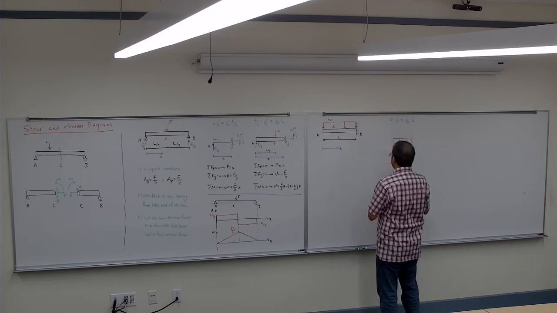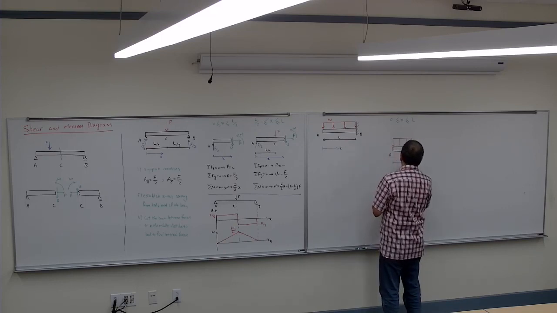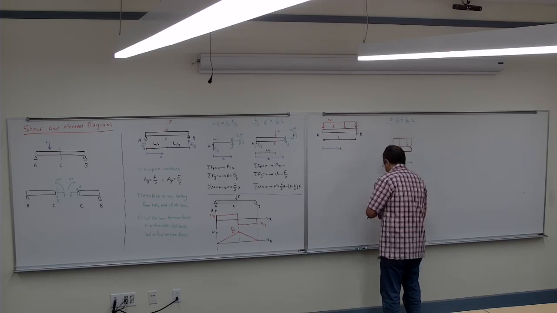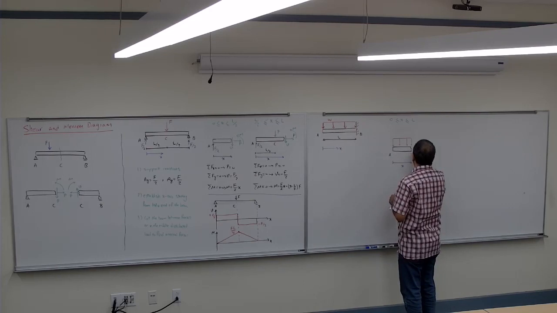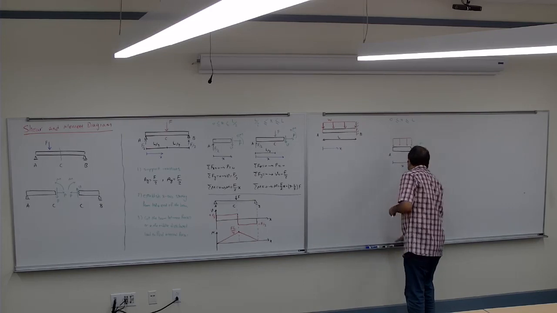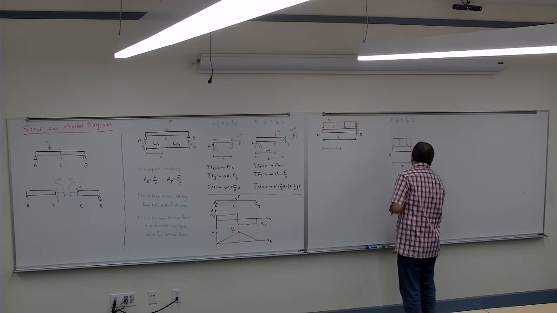The distance from here to that point is X. And the internal forces that I'm going to look at are the V and the M. Again, you can put the P there, but it's going to be 0.